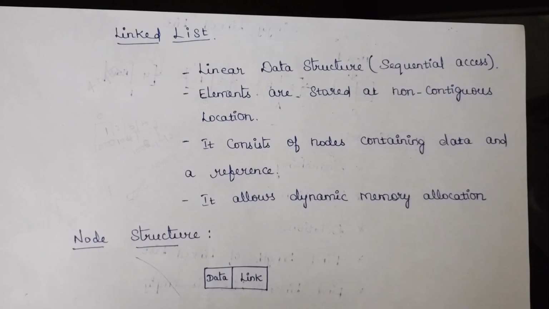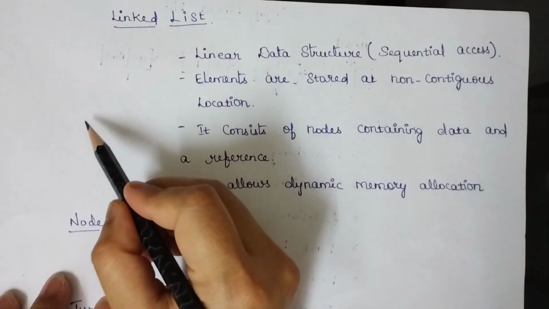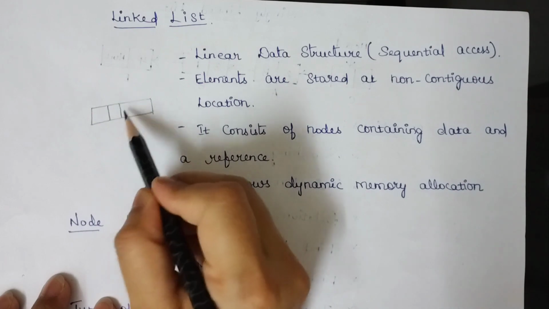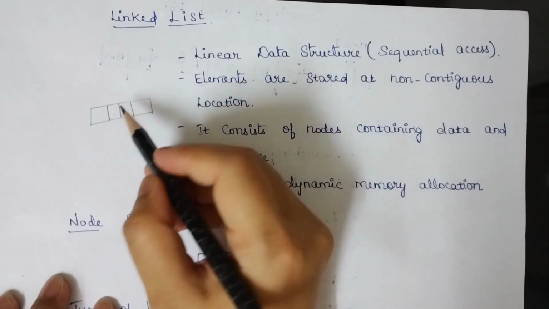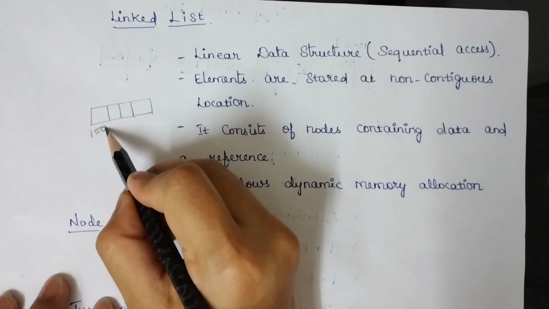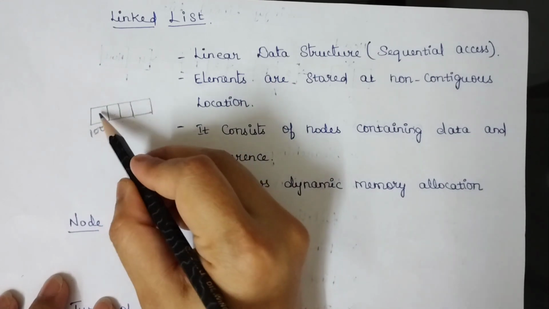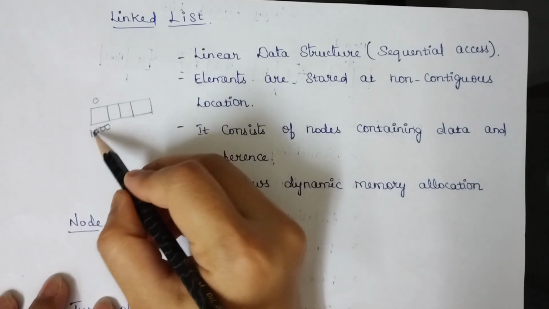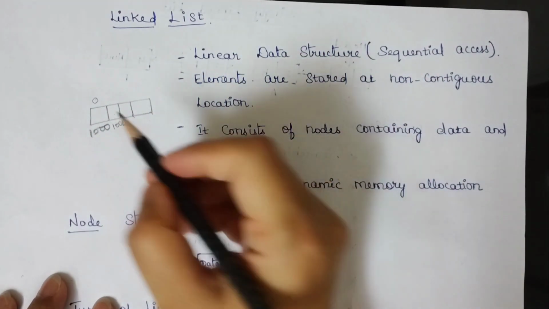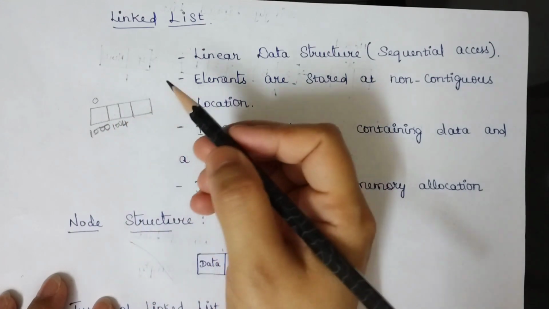In a linked list, all the elements are not stored in contiguous memory location. For example, if you take an array, it consists of a number of elements, and all these elements are stored in a continuous memory location. For example, if this is my first memory location for the first value, index 0, then the next value will be immediately 1004 if the data inside this array is integer type.